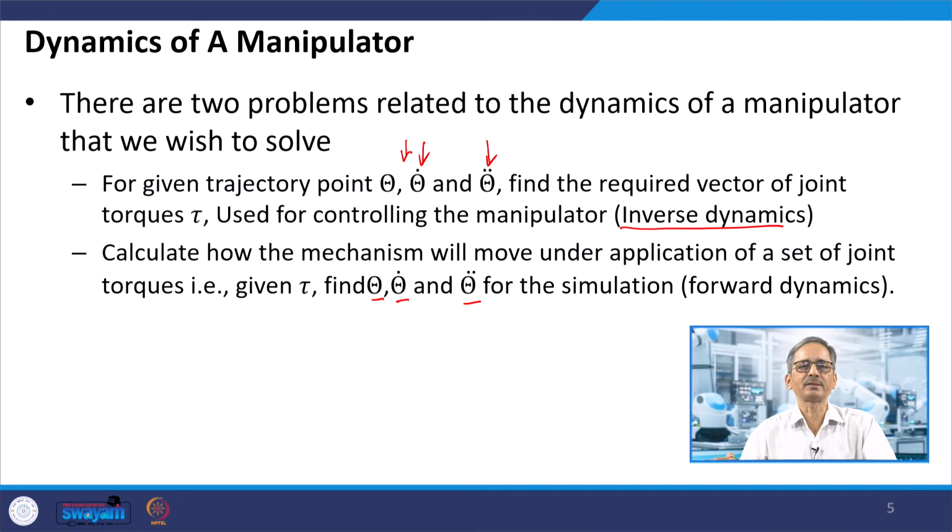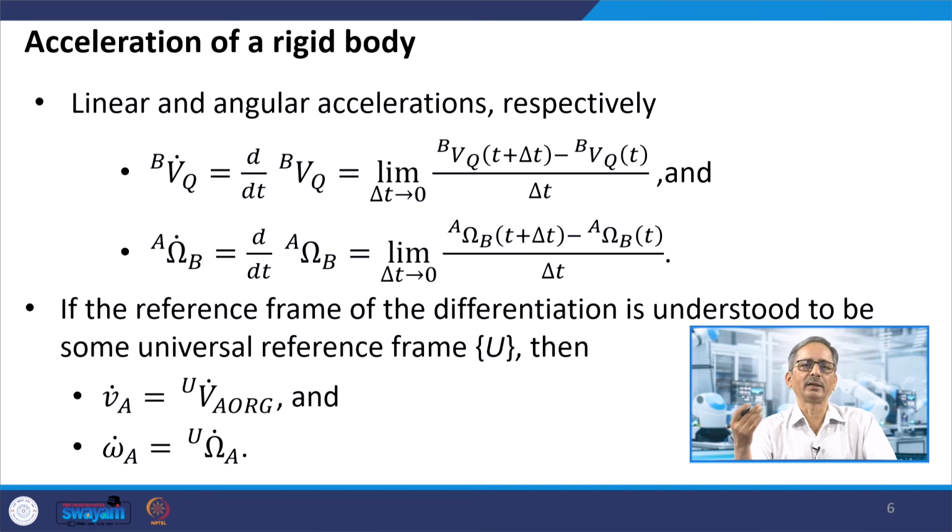This problem is what we call the forward dynamics problem, and its purpose is naturally, since I am interested in finding the joint position, velocities and accelerations, to visualize it, that is, to simulate the robot: for the given joint torque, how much the joints rotate, what joint velocities and what joint accelerations they have. Before we move further, let us see some conceptual definitions of the acceleration of a rigid body.